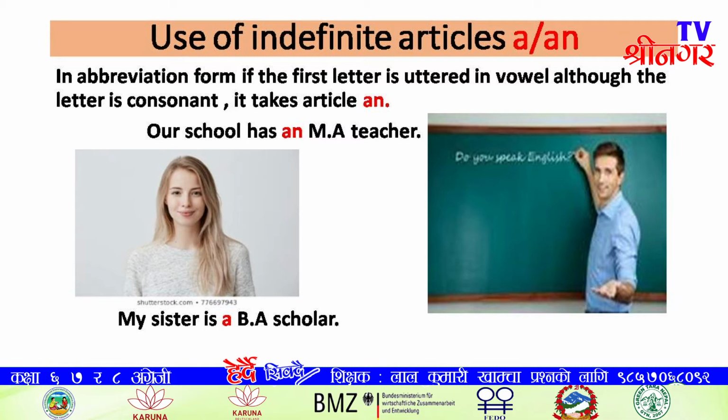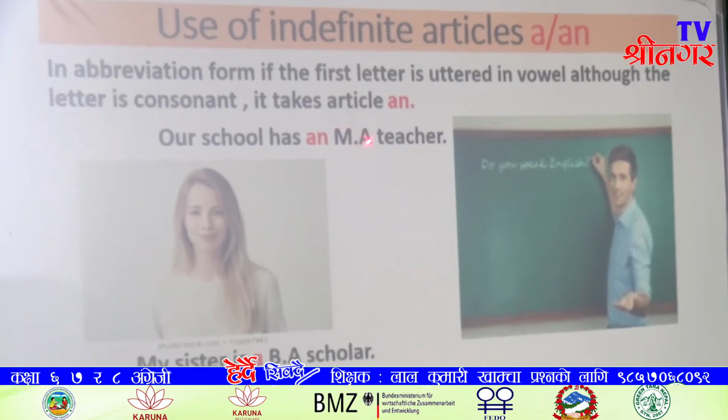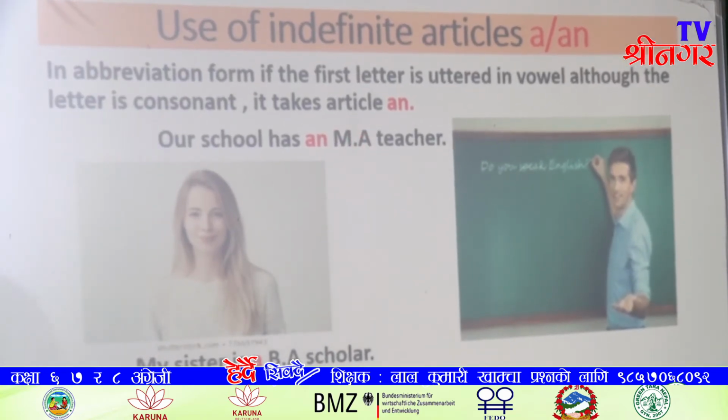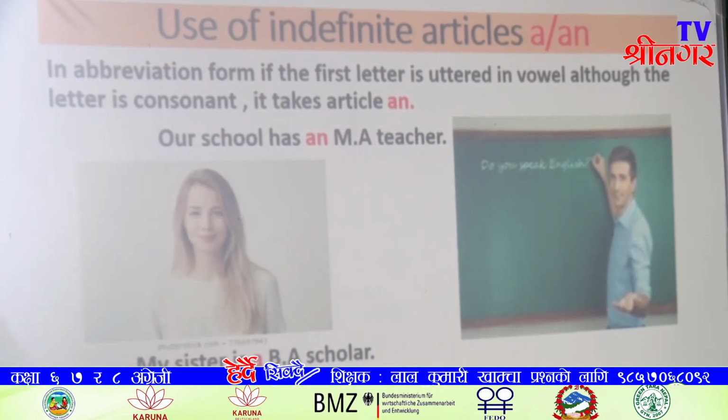Here this word MA is an abbreviation form. And in the next sentence, "My sister is a BA." BA is an abbreviation. So in abbreviation form, if the first letter is uttered, meaning pronounced, as a vowel, although the letter is a consonant, it takes article an.